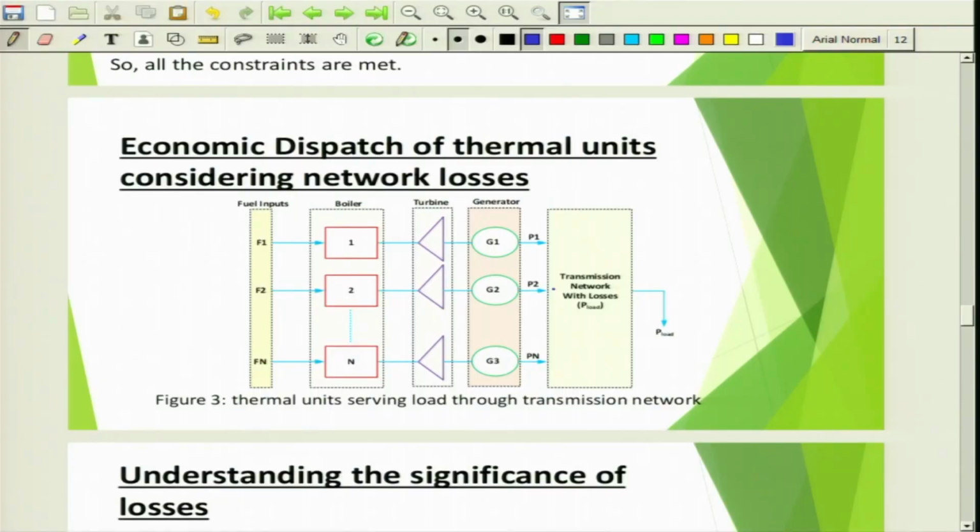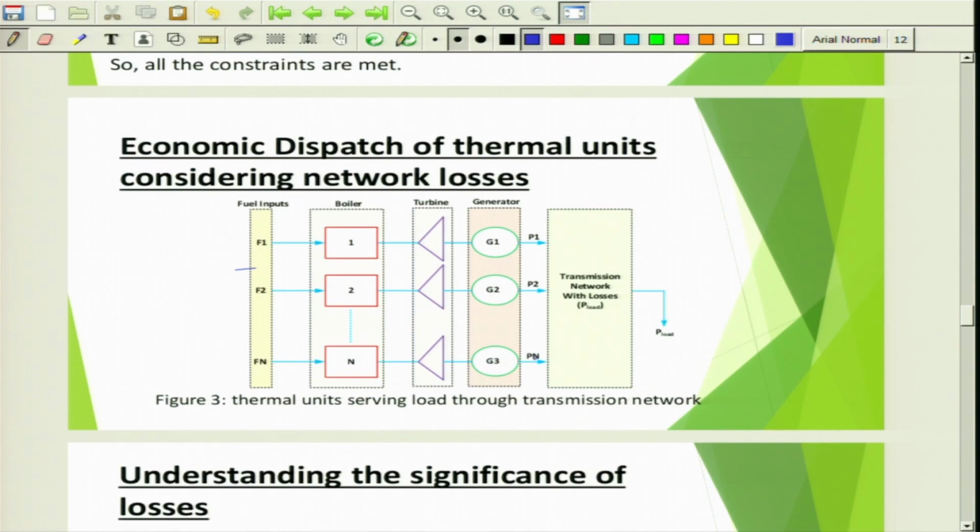Now let us go to the next level, where economic dispatch of thermal units is considered with network losses. That means the same topology as I showed in the first slide.